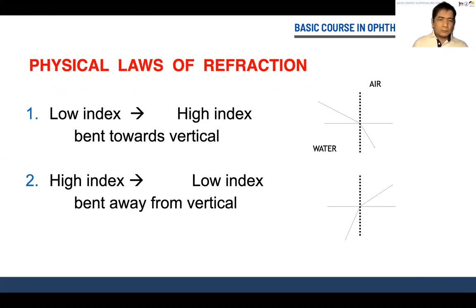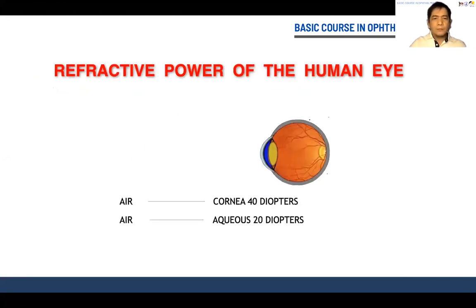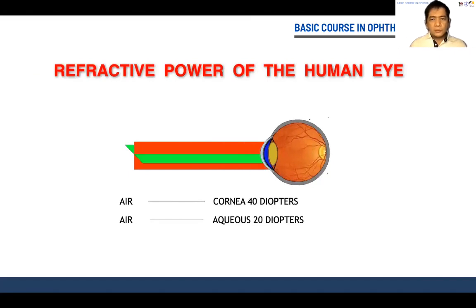And vice versa, when going from high index to low index, the light rays are bent away from the vertical. As you see, there is also a greater refraction happening when light passes from air as it enters the cornea and the crystalline lens.